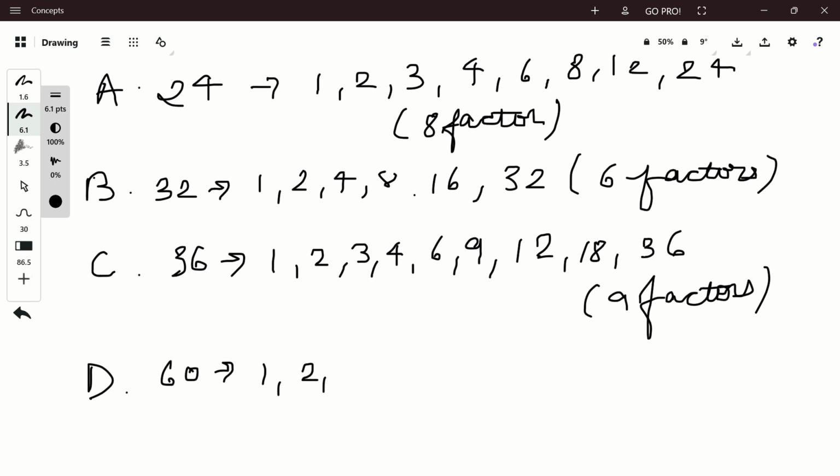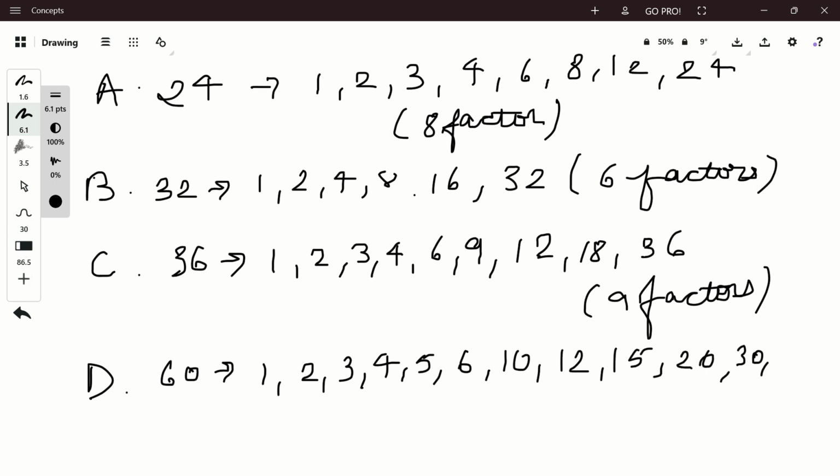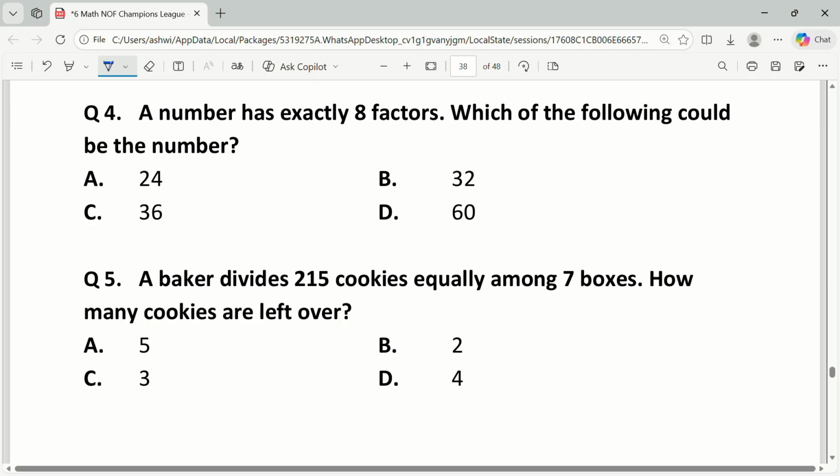We have 1, 2, 3, 4, 5, 6, 10, 12, 15, 20, 30, and 60. That is 12 factors. We want a number with 8 factors. That is option A. Answer is A.